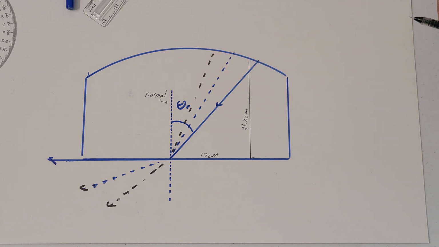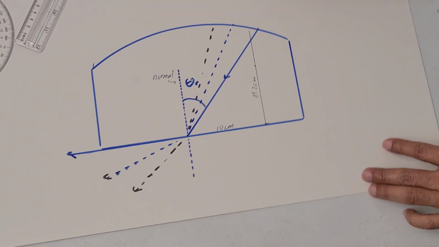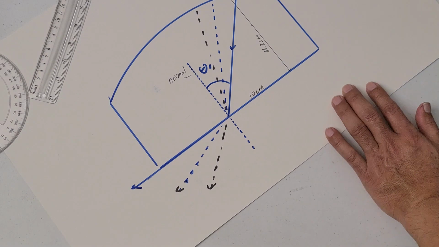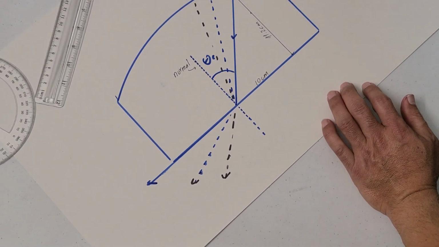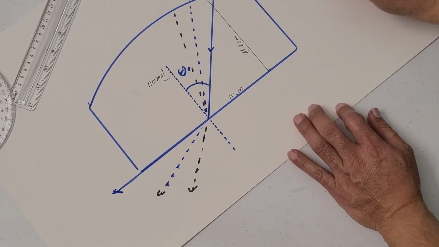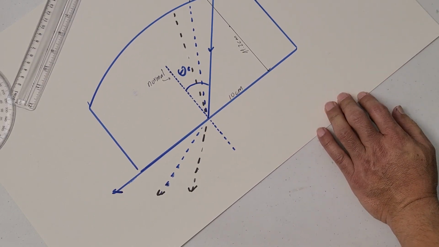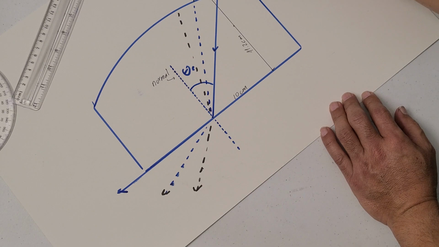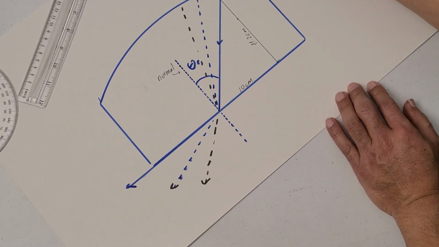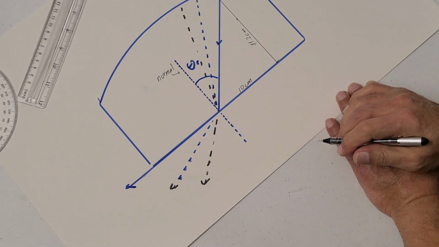Once you know the critical angle, and on the same piece of paper, you can do all the calculation with all the data that you have on the board. So what do we have on the board? We have what should be N1, what should be N2, the theta, the critical angle.